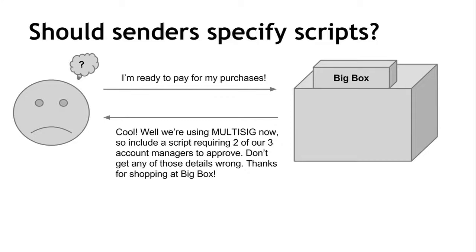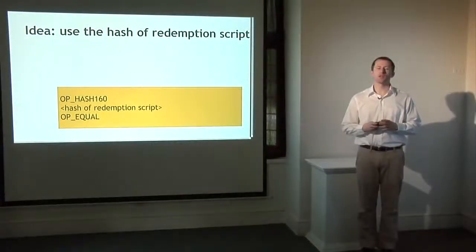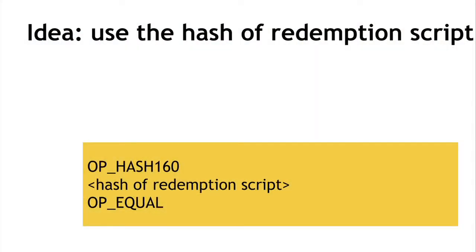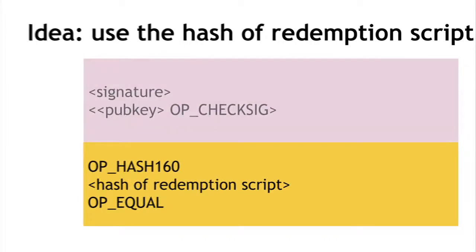As a consumer, I just want to send to a very simple address. So in response to that problem, there's a really clever hack in Bitcoin, which is that instead of having the sender specify the entire script, the sender can specify just a hash of the script that is going to be needed to redeem those coins. So this looks like the sender specifying a very simple script which just hashes the top value on the stack and checks to see if it's equal to the required redemption script.